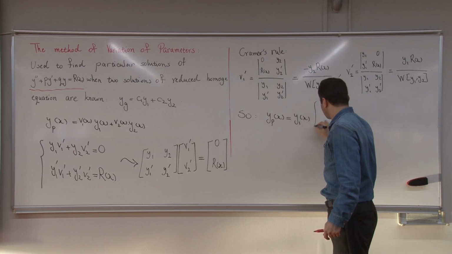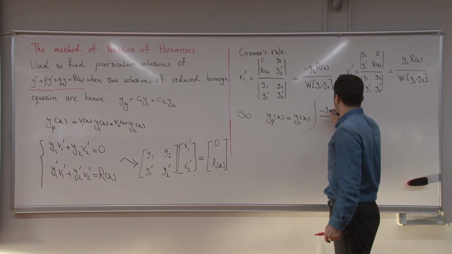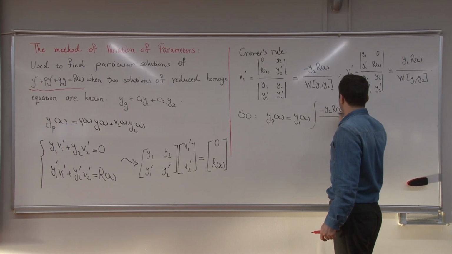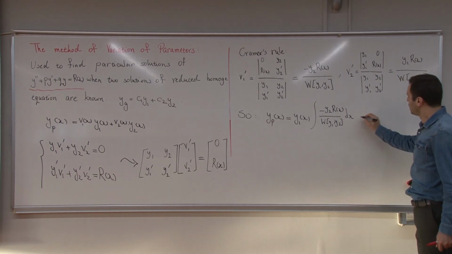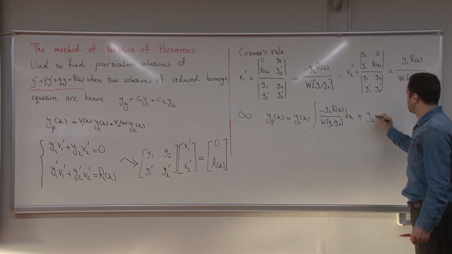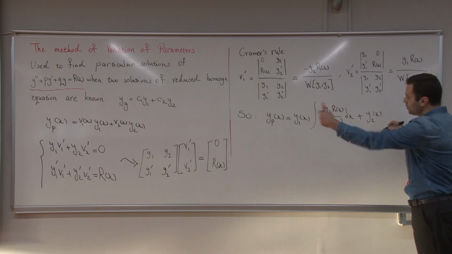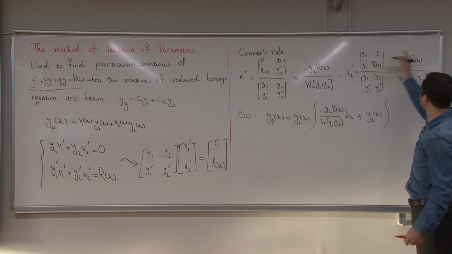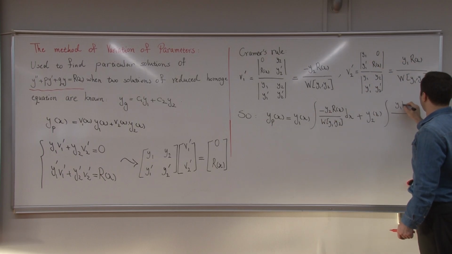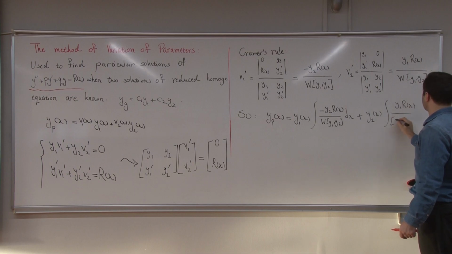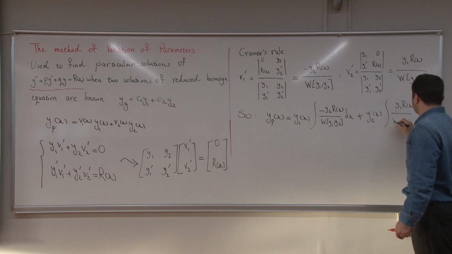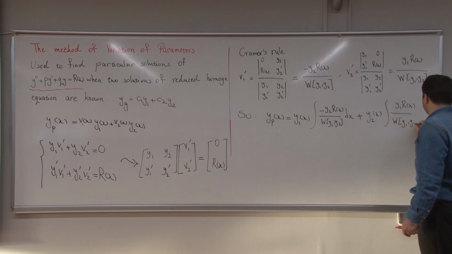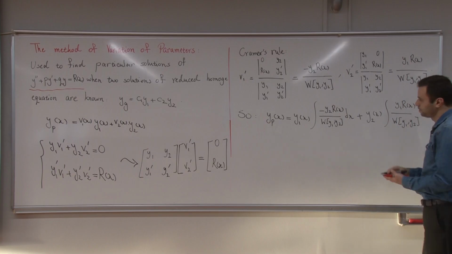So it is going to be the integral of minus y2 rx over Wronskian of y1 y2 dx, plus y2 of x times v2, which is the integral of this term, y1 r of x over Wronskian of y1 y2 dx.